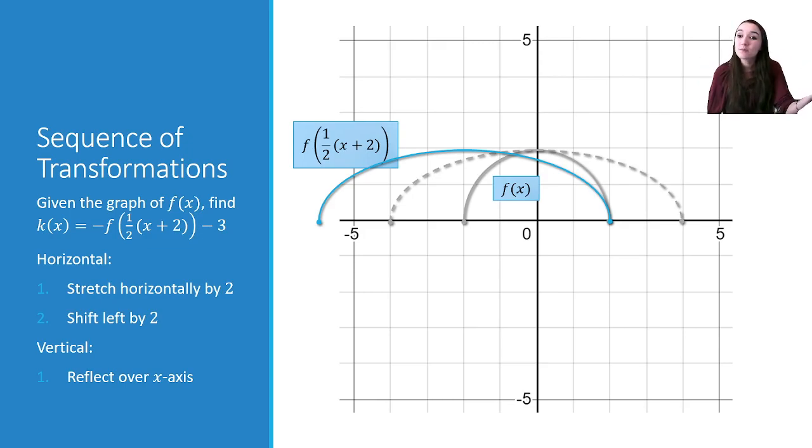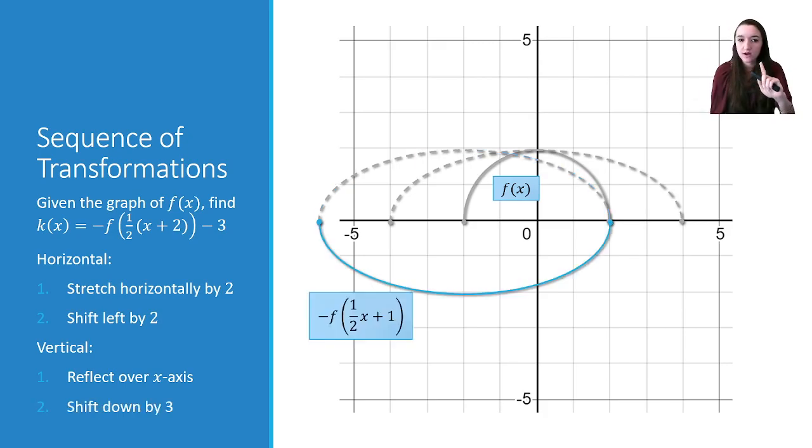Alright, now I'm going to move on to the vertical transformation. The first vertical transformation that we can highlight is the fact that there is a negative outside of my f, right? It goes negative f of 1/2 x plus 2 minus 3. So that negative means I'm going to be reflecting over the x-axis.